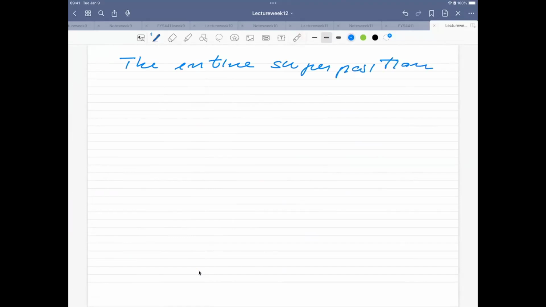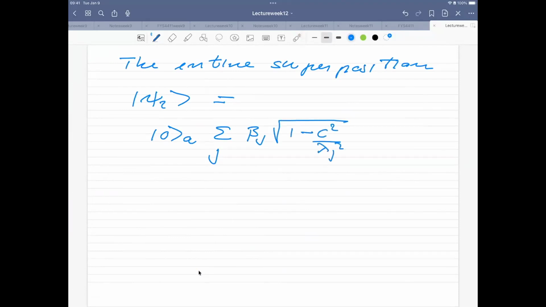is then equal to the following. So I get a new state, psi 2, and I regroup according to the ancilla state. It's going to be given by 0 of A. I have a sum over J, a beta J, and I have this 1 minus C squared of lambda J squared.